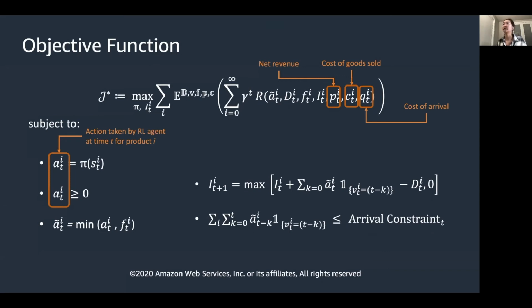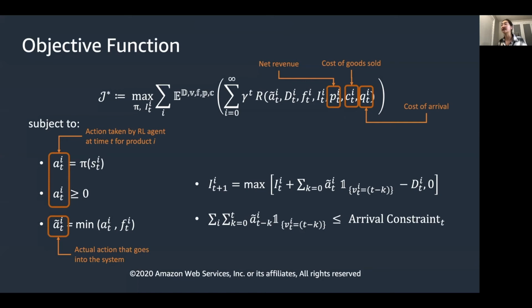And in the current simulation study, we only consider the case where A_t^i is greater than or equal to 0, meaning that we only decide whether to buy rather than considering whether we want to remove the inventory. And here Ã_t^i is the actual action that goes into the system. Again, it's the minimum value of the action taken by the agent and the fill rate.